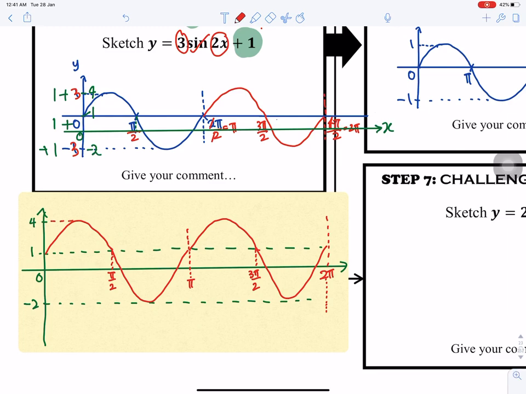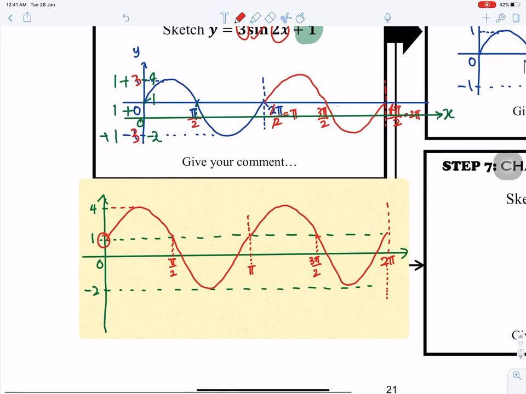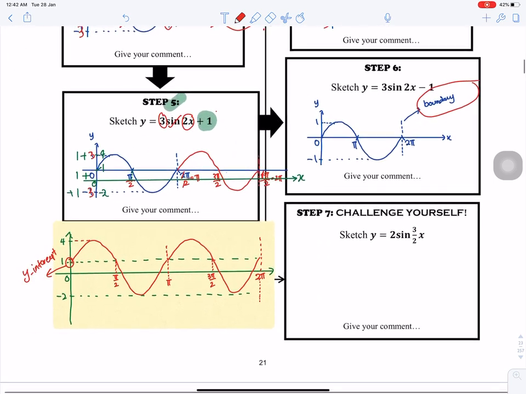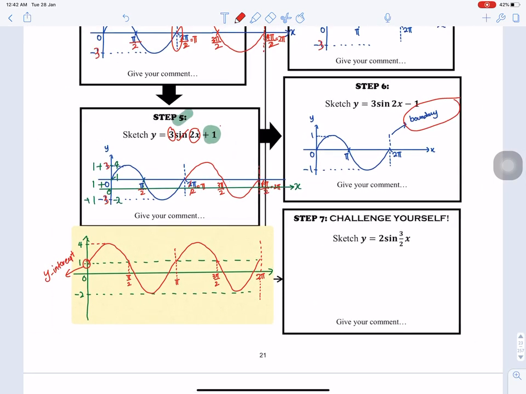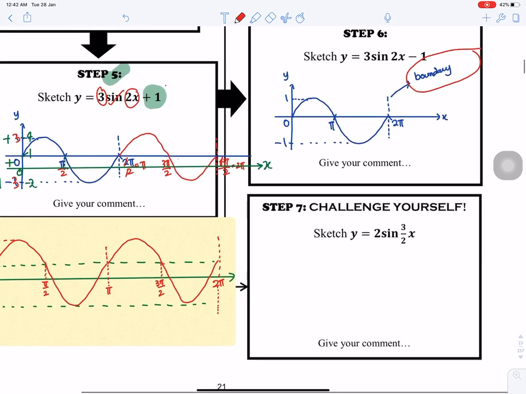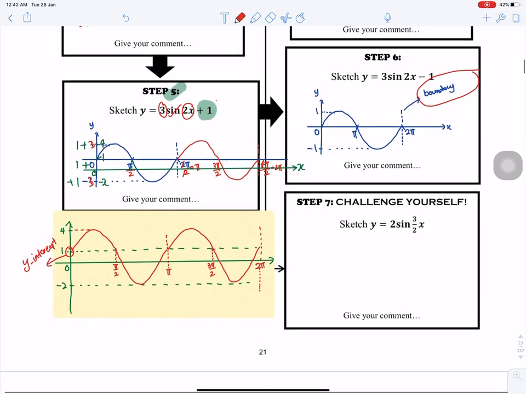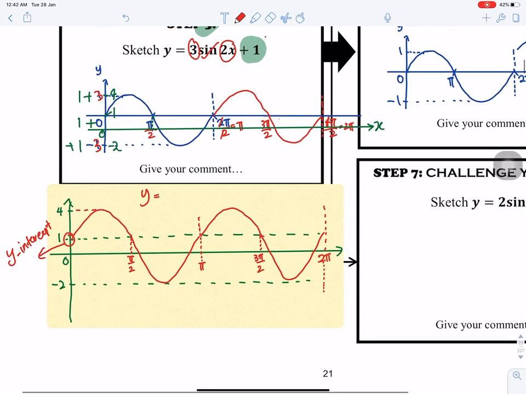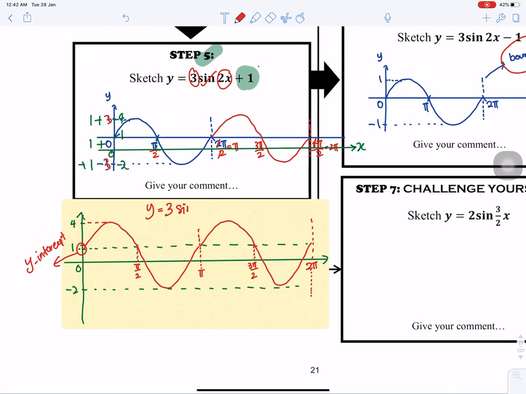Amplitude now becomes 4 and -2, and this is the y-intercept for the graph. And this is for the function y equals 3 sine 2x plus 1.